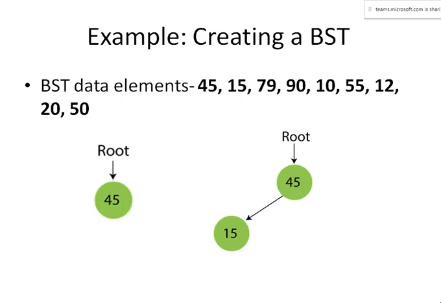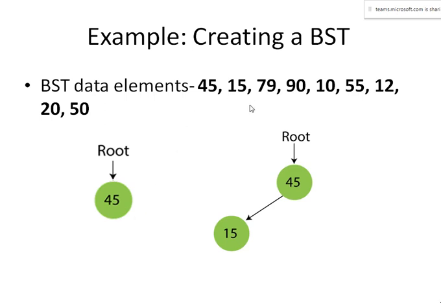Now here we have an example of creating a binary search tree. Look at the data elements that we have taken here. The series is 45, 15, 79, 90, 10, 55, 12, 20 and 50. Now considering the first element as the root node, we have taken 45 as the root node of this binary search tree.